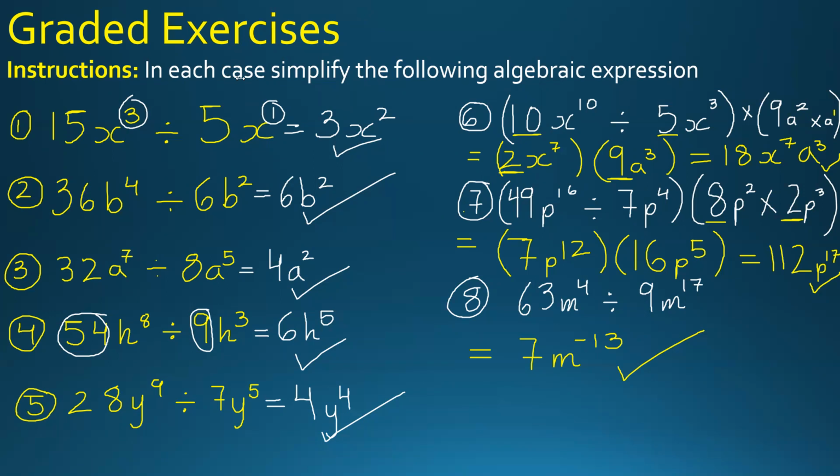Once you understand 1 through 5, you're good. Numbers 6, 7, and 8 are just a little bit more advanced. 7 is the same theme as 6. That brings us to the end of our math class for the day.